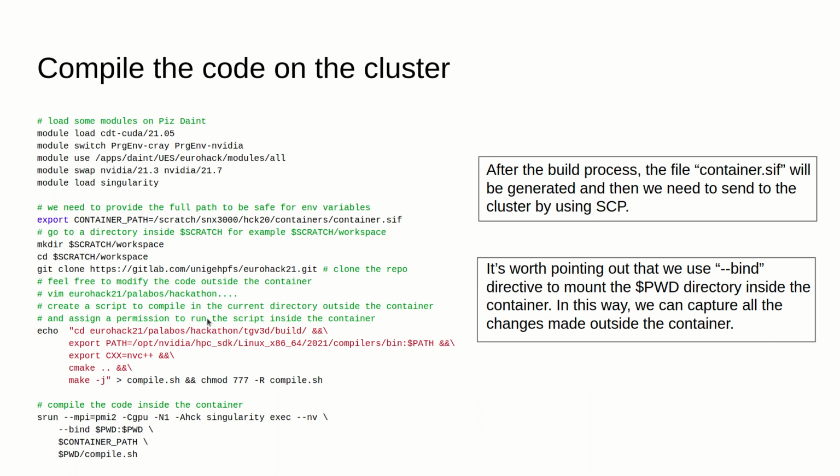So once we have the container, after the build process, we have the file container.cif, and then we need to send it from, for example, the local machine, from my machine, to the cluster by using the scp command, for example.